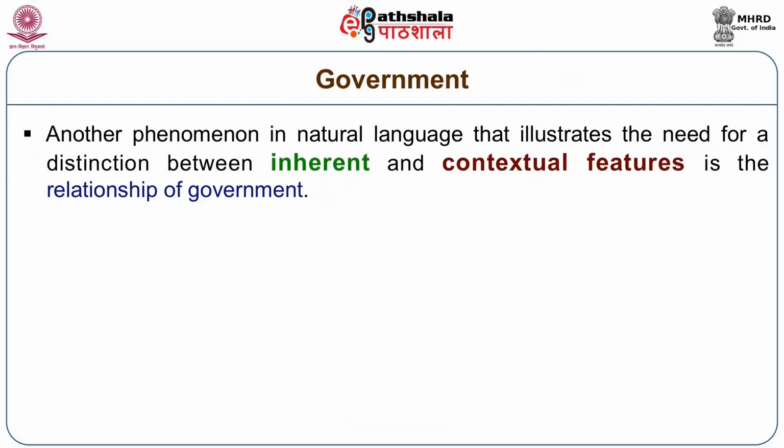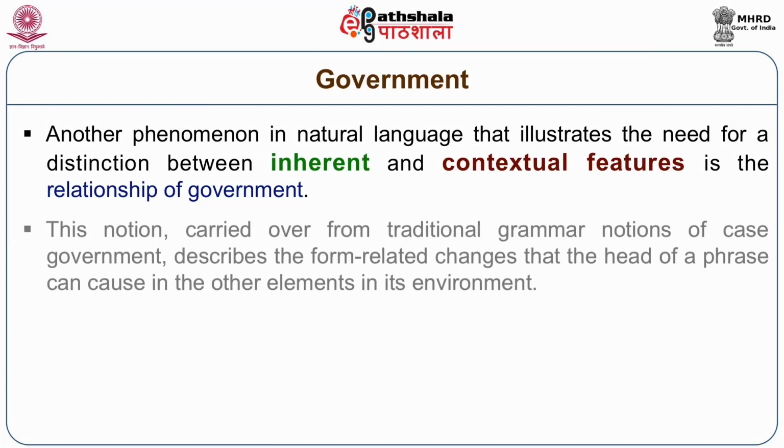Another phenomenon in natural language that illustrates the need for a distinction between inherent and contextual features is the relationship of government. This notion, which is carried over from traditional grammar notions of case government, describes the form-related changes that take place between elements in a phrase.